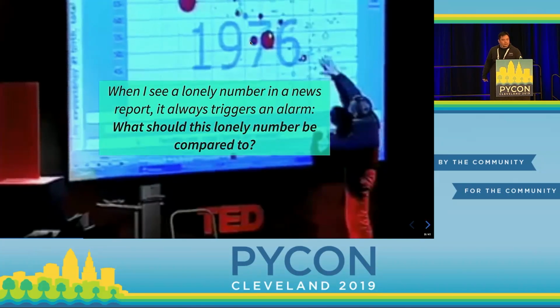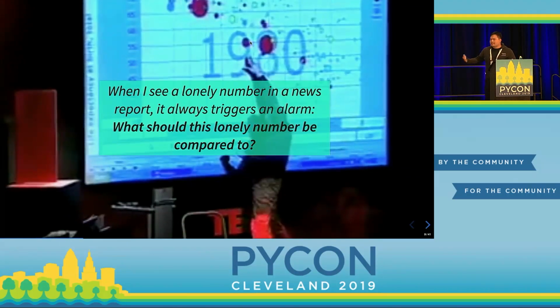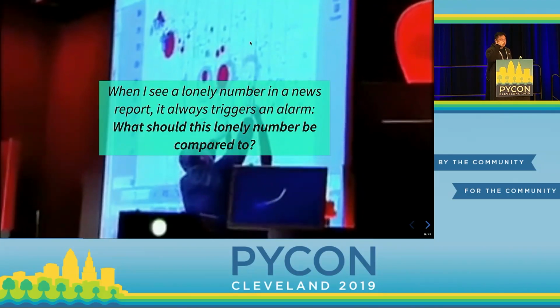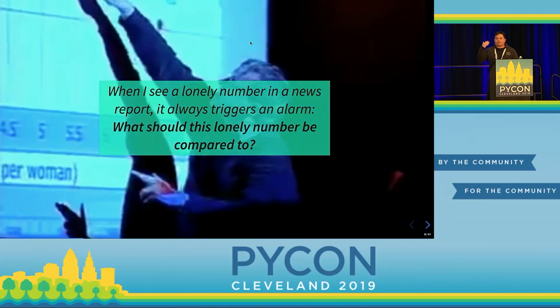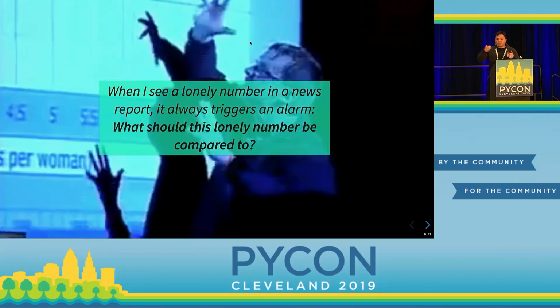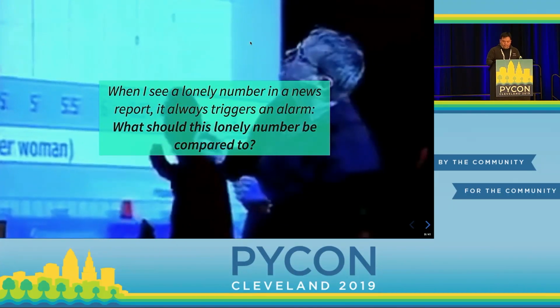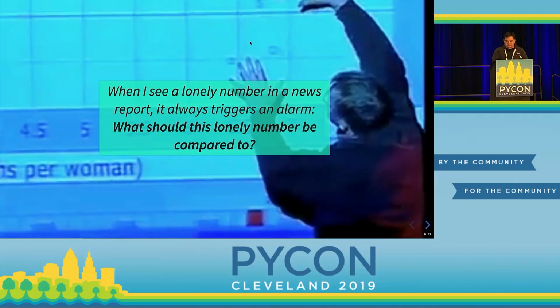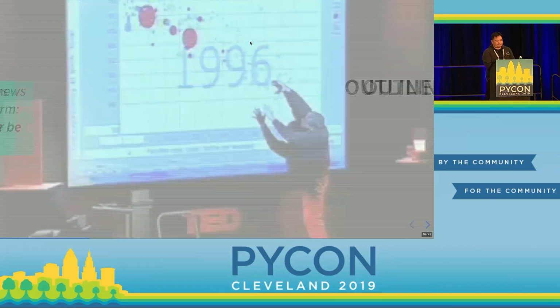What should this lonely number be compared to?" Implicitly, what he's saying is, what is the baseline? And what is the baseline that we're comparing our intervention against is basically what we're doing whenever we're doing science. And when we do the statistical analysis of that data, typically we're thrown two groups. And it's my hope to tell you, we don't have to stick with two, okay?